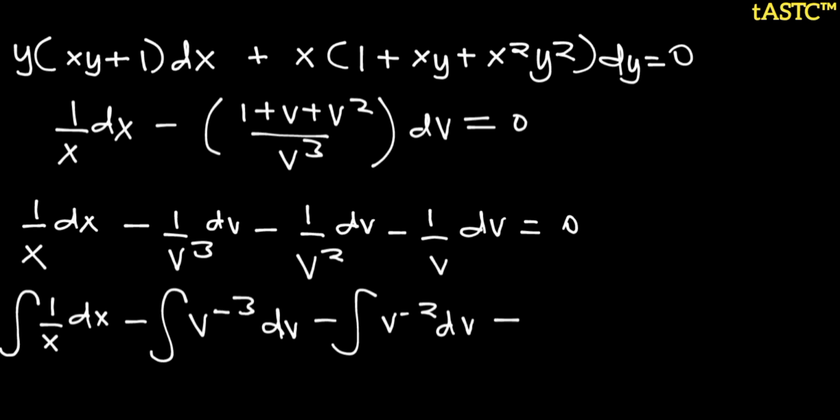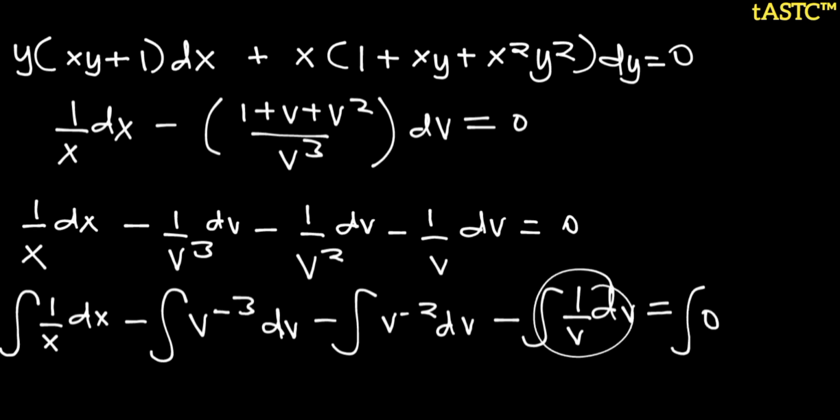And here we're just going to have an integral of 1 over v. That is pretty obvious. So this should also be an integral. The reason we left this is because if you made it v to the negative 1 and integrated, the answer doesn't actually exist. Instead, we know that integration is the antiderivative of a function.